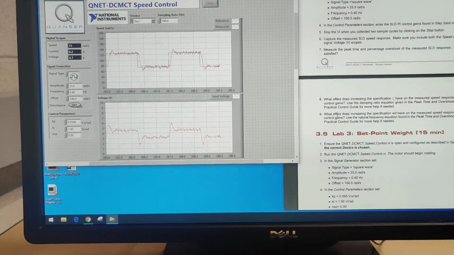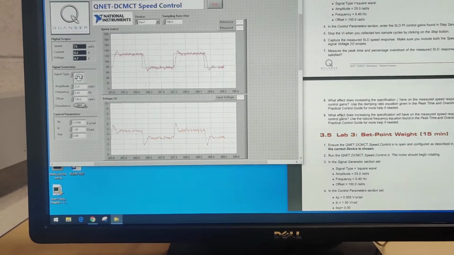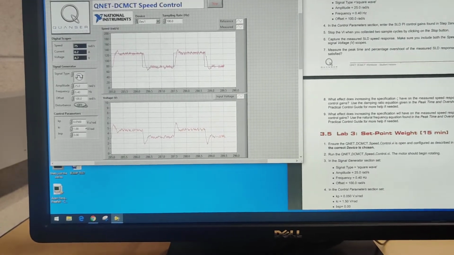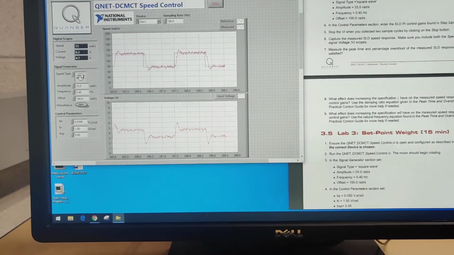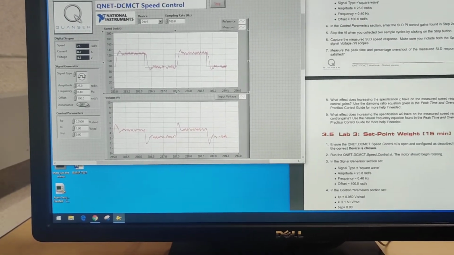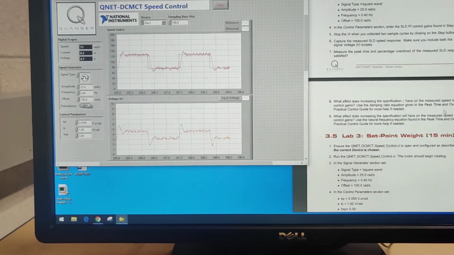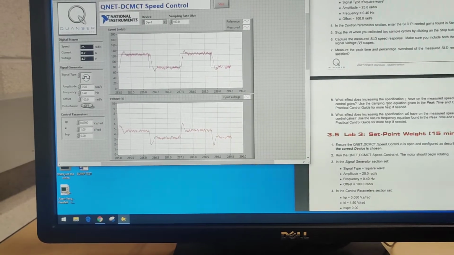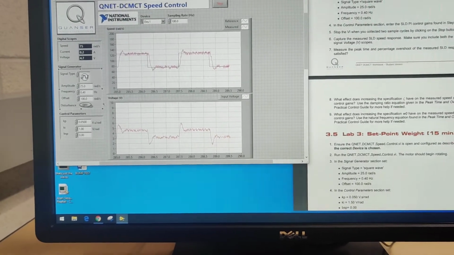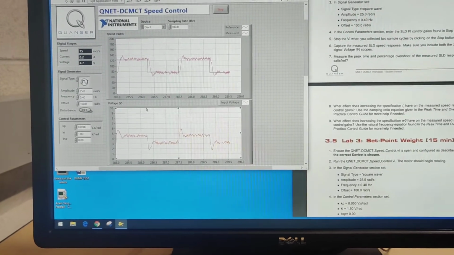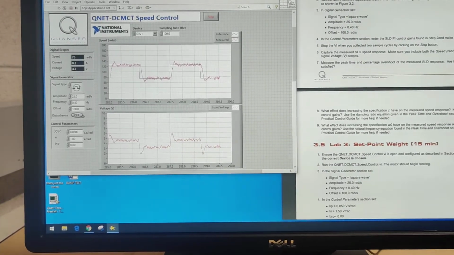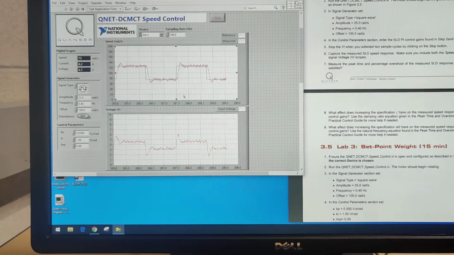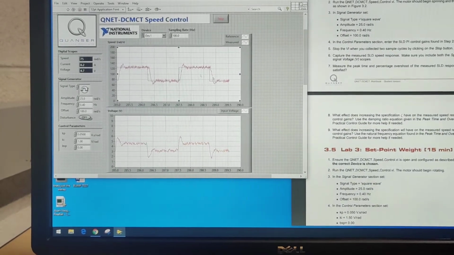And the other question is what effect does increasing the omega 0 have on the Kp and Ki, and further on the waveform, including the damping ratio, the peak time, or the overshooting. Okay, so I'll continuously give you some examples on changing the Kp and Ki respectively, and see the changes of this waveform.